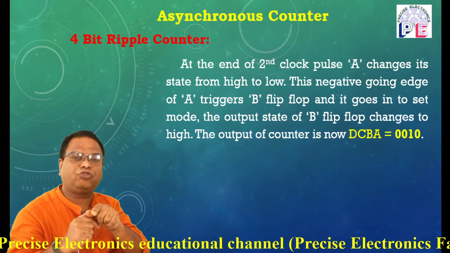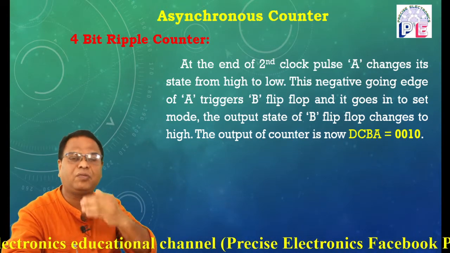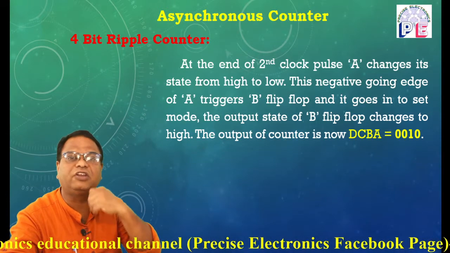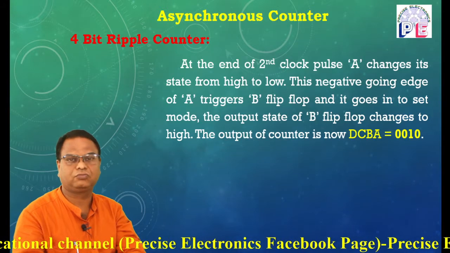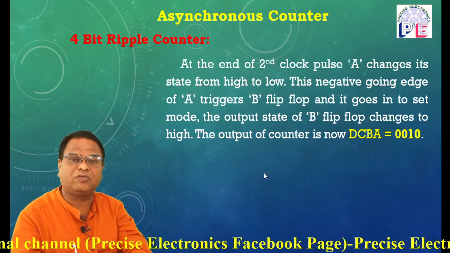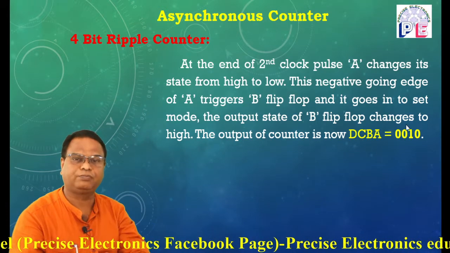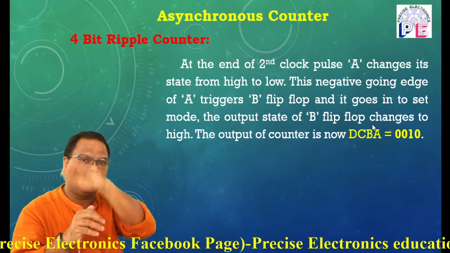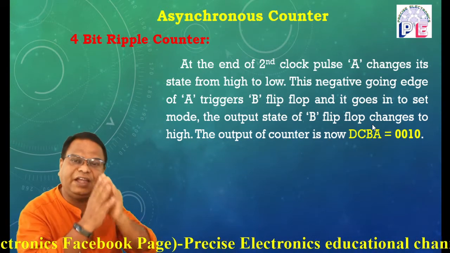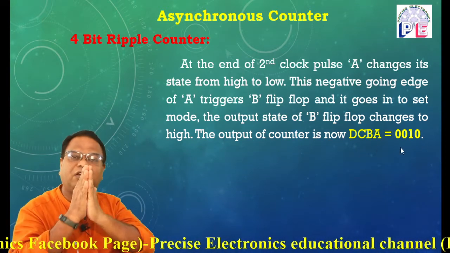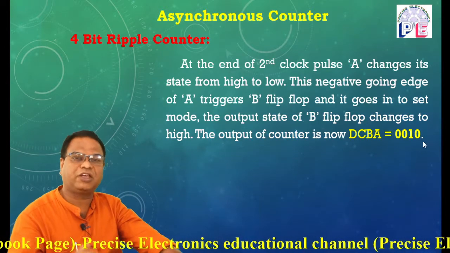A changes from 1 to 0, so obviously it is a negative edge, and due to this negative edge the B flip-flop, the second flip-flop, which is in toggle mode, makes a transition and its state changes from low to 1. So A changes from 1 to 0, B changes from 0 to 1, but C and D flip-flops remain in the reset state.